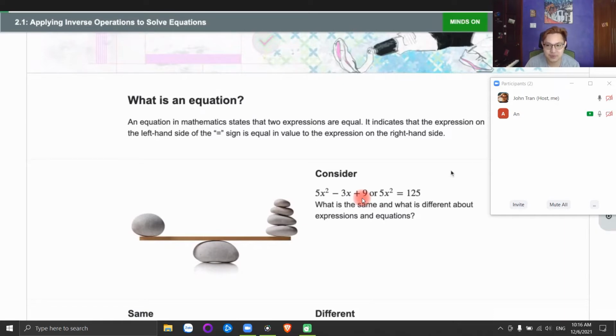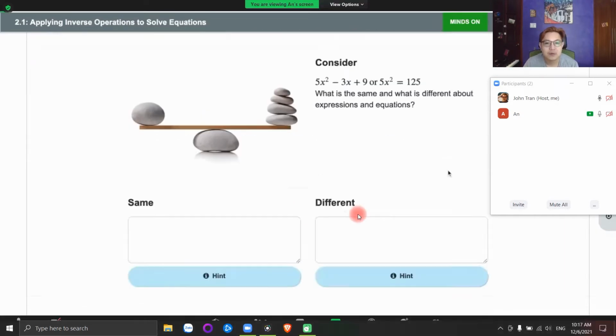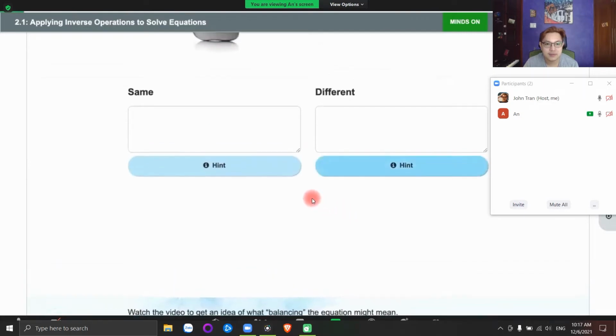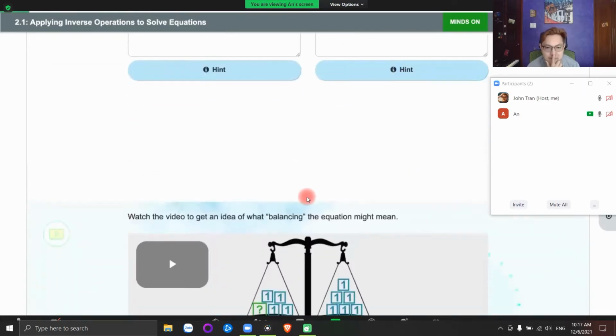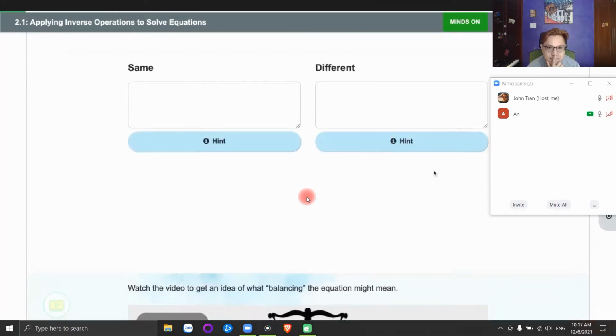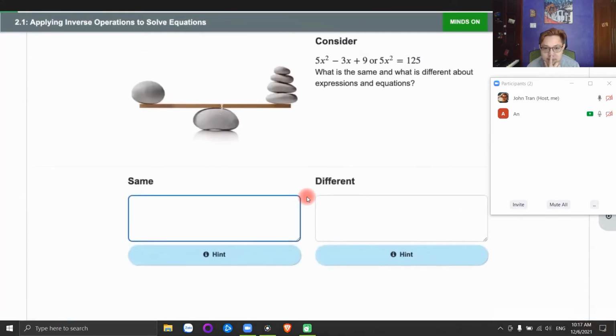Let's scroll down, please. Okay, and then how do you write it? Let's say they have 5x squared, that's the same.